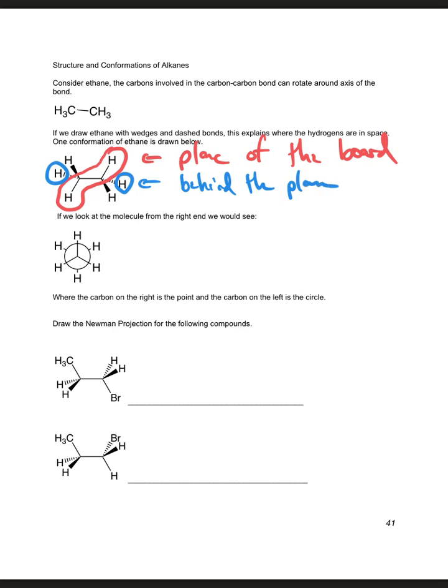And then the green hydrogens are in front of the plane. So they're coming out towards us from the plane of the screen. Okay, so we have to be careful that we show all of that as we're going along.